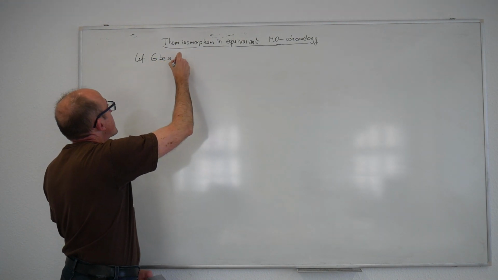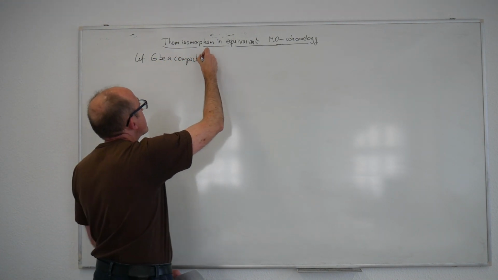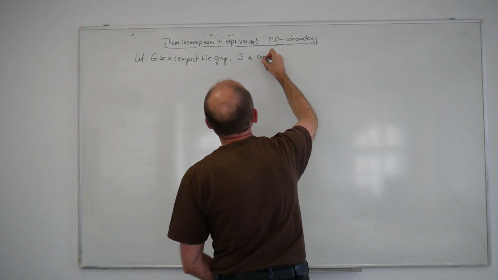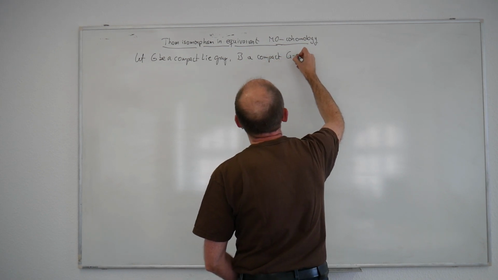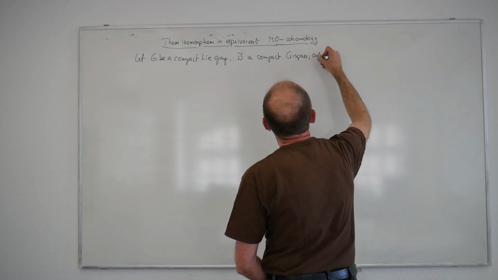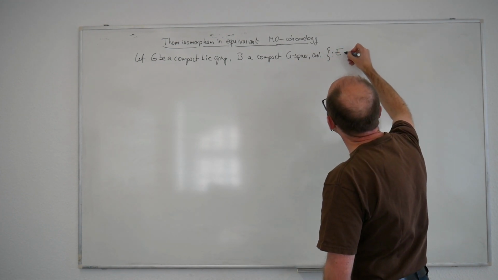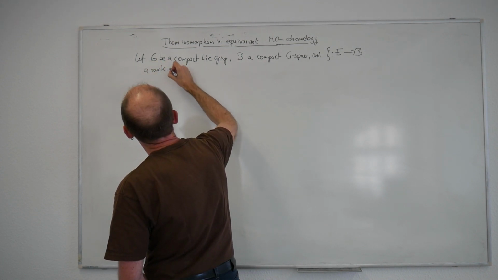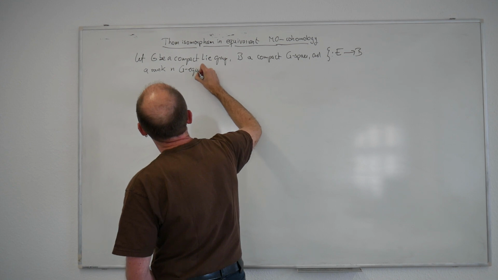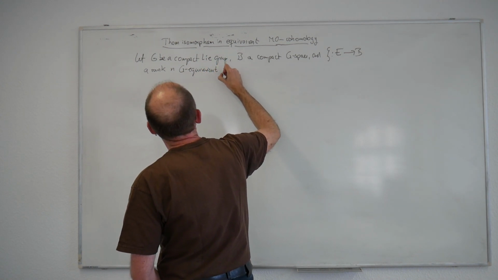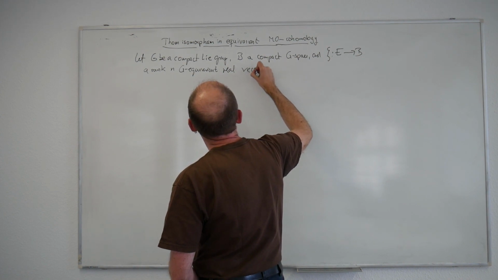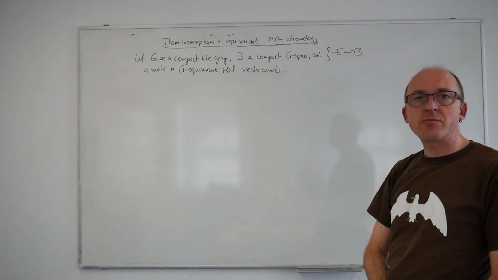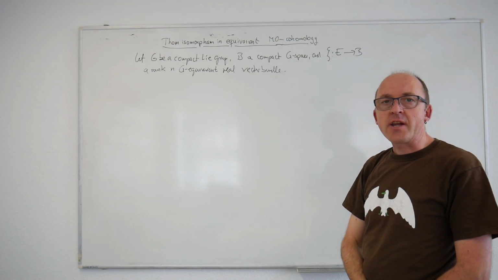So let G be a compact Lie group, B a compact G-space, and ξ from E to B a rank n G-equivariant real vector bundle.